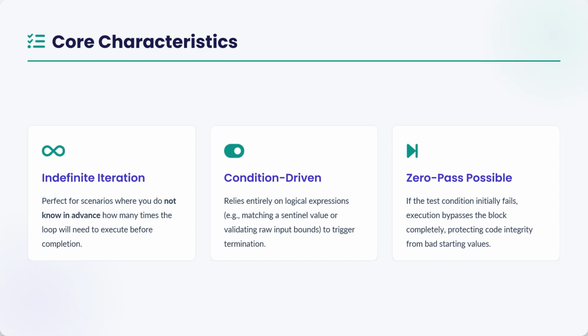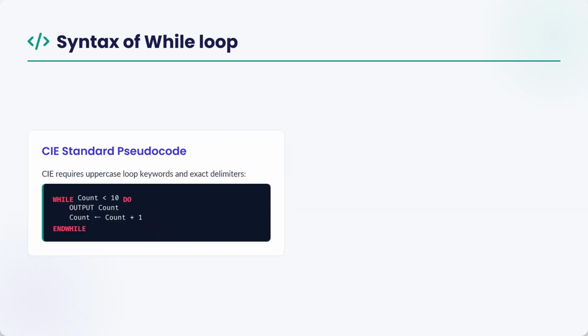It totally depends upon what the condition is. And thirdly, if the test condition initially fails, execution bypasses the while control block completely, protecting the code integrity from bad starting values. So in this way, it's going to secure the code inside the while loop as well.